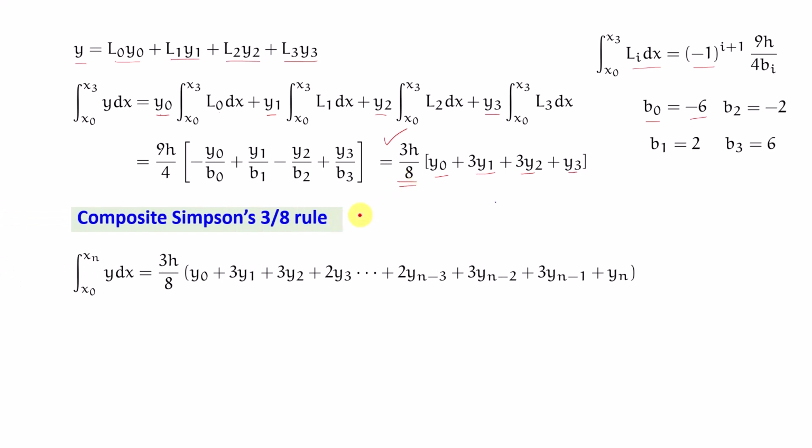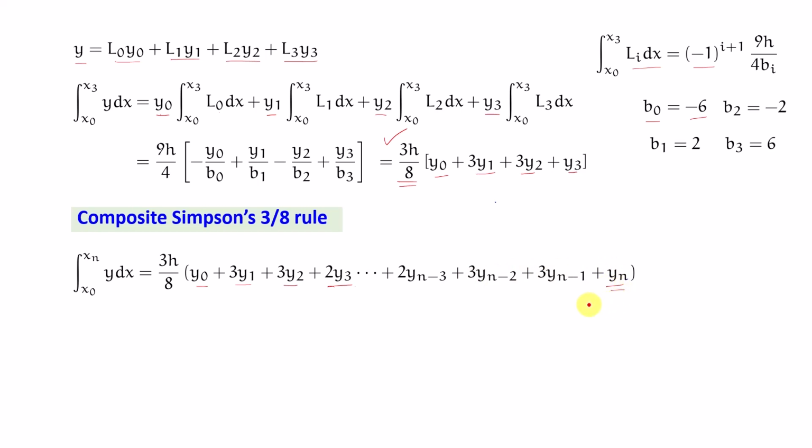Now I can frame the composite Simpson's 3/8 rule for n number of points, or n number of intervals rather. That would be 3h by 8. It will go y0, 3y1, 3y2, this y3 next segment will come and it will make this y3 twice. This is how it will go 1, 3, 3, 2, 3, 3, 2, 3, 3, 2, etc. And again it will end as 1.